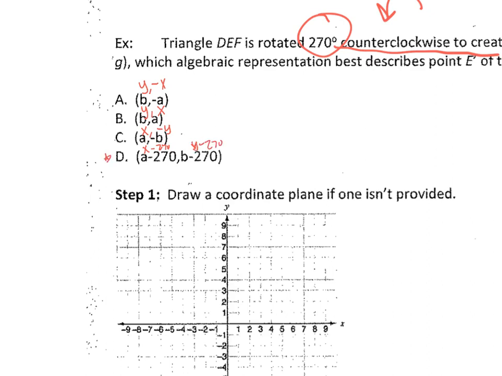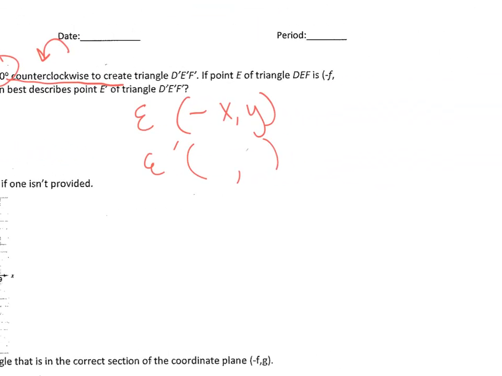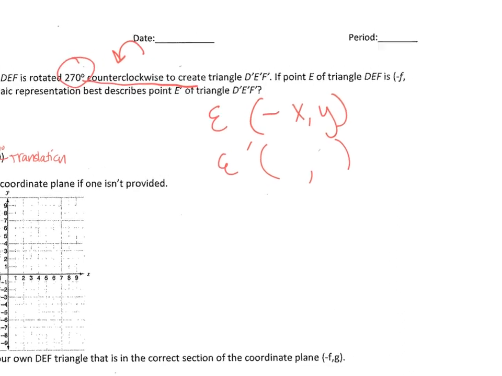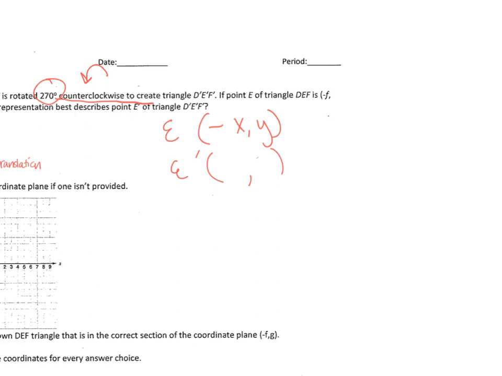Already we can get rid of D, because if you're subtracting anything from your X and your Y, that's a translation. Okay, so it's not a rotation. So if we just make up a point for E, since they didn't give us any actual numbers, let's say E is negative 4, 5.